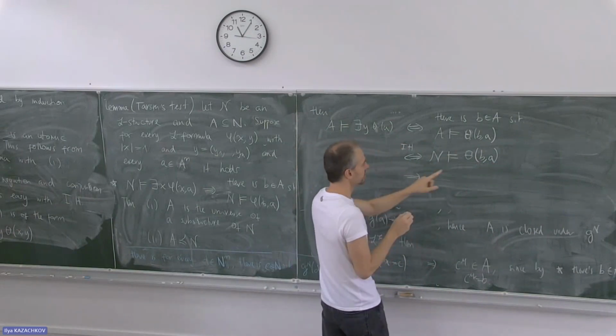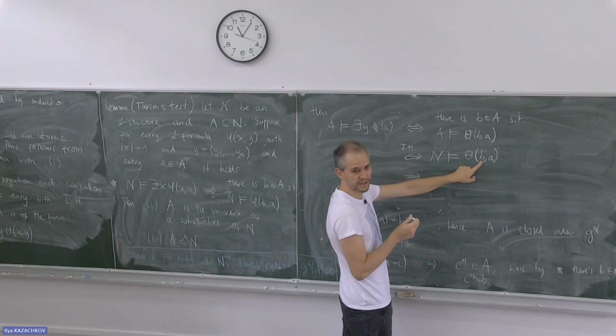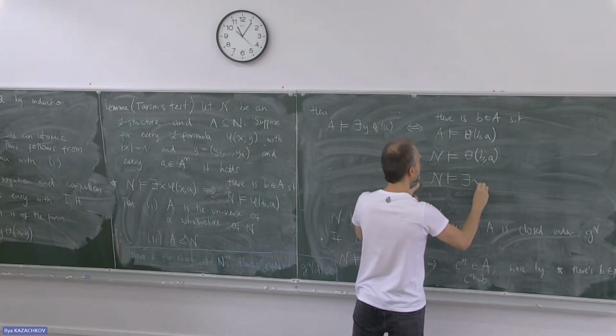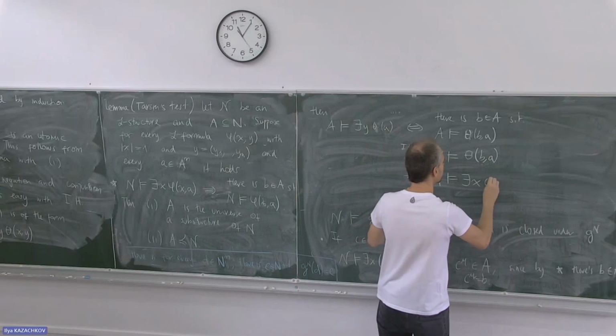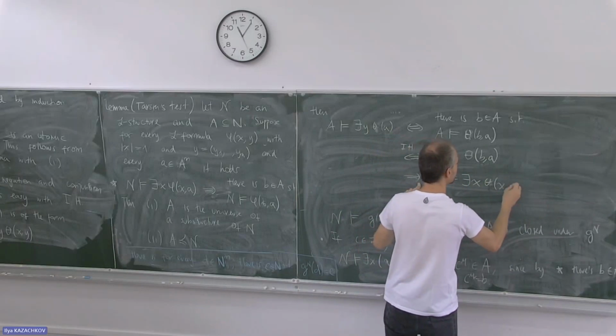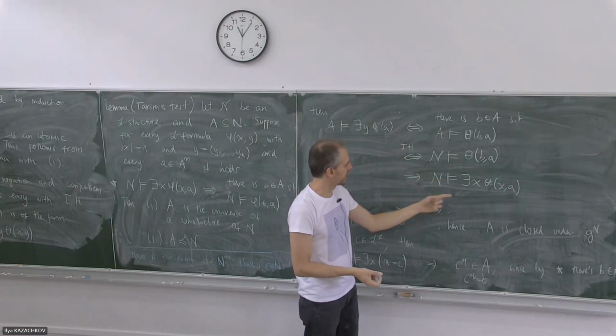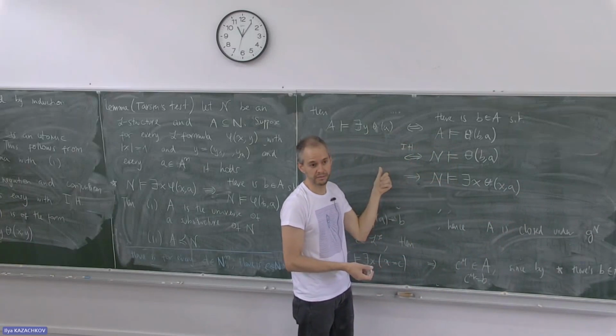This, of course, implies that N satisfies there exists an x theta of x, a. You agree?